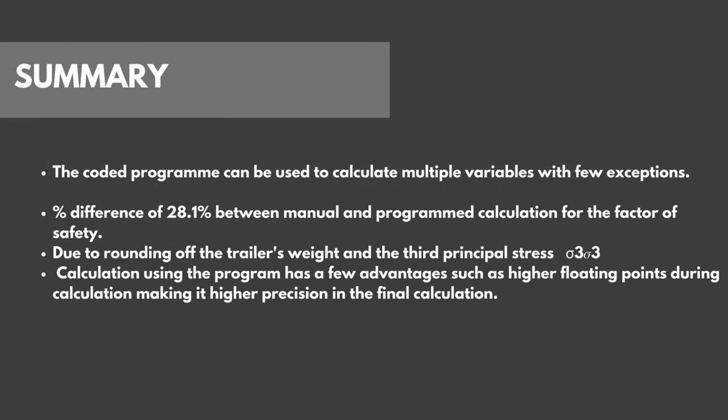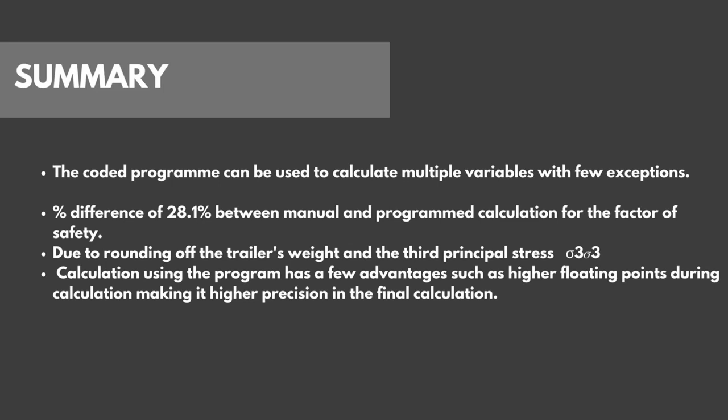In conclusion, the coded program can be used to calculate multiple variables that we set in the program, but with few exceptions. The first one is the percentage difference between the manual calculation and the coded calculation, there's a slight difference of 28.1%.